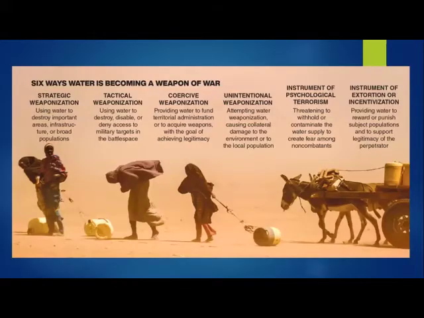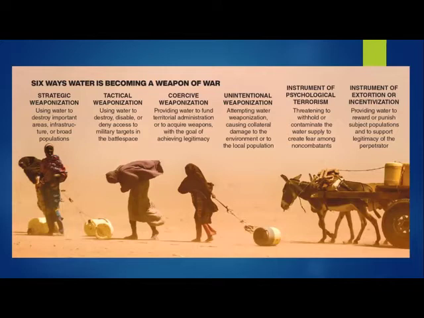So if we look at how water is being weaponized, it's not only in Pakistan and India; water has been used as a weapon in many different ways. This slide discusses six different ways that water is used as a weapon of war. For example, if there are big demonstrations, water is used to throw people back.